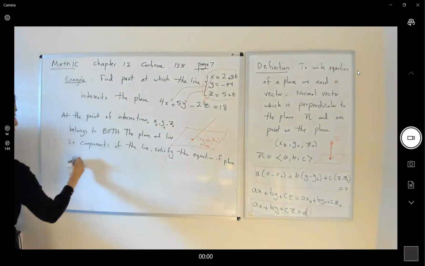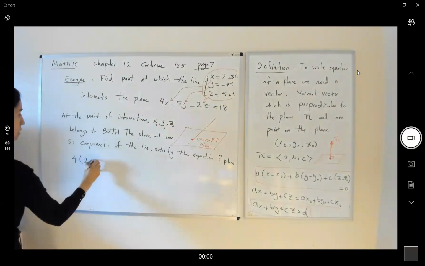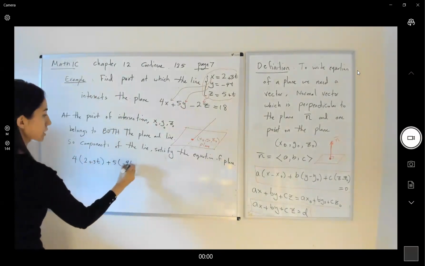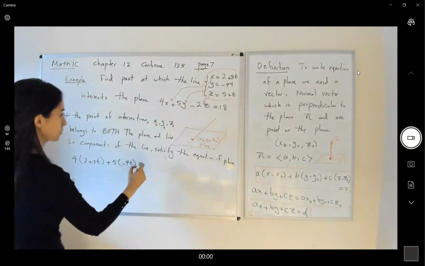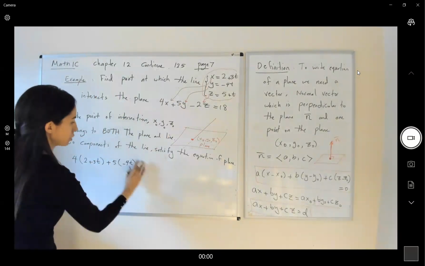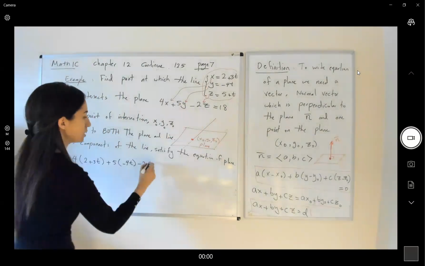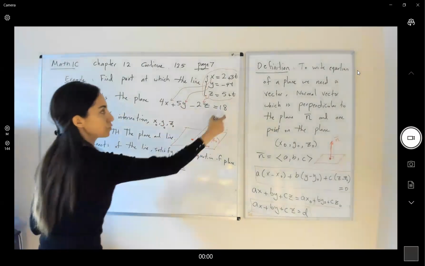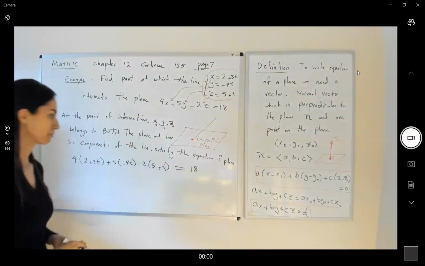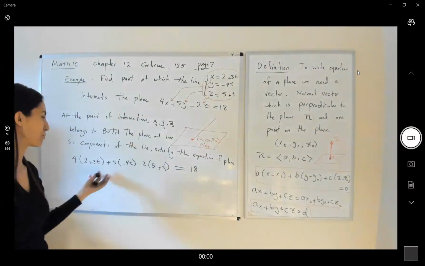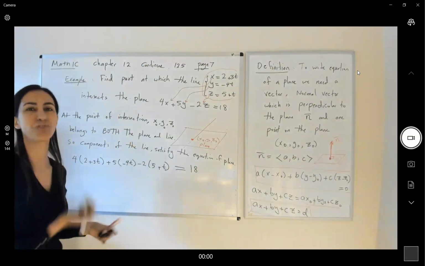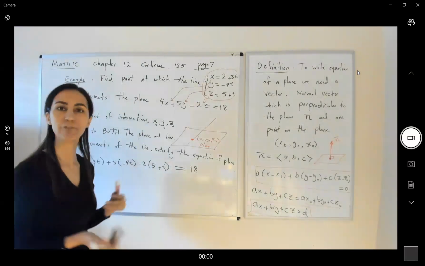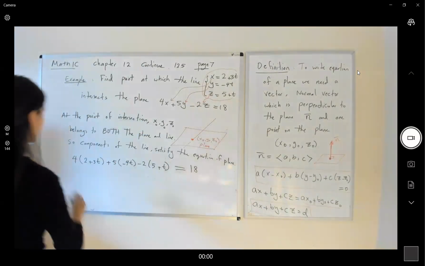So 4 times (2 + 3t) plus 5 times (-4t) minus 2 times (5 + t) must be equal to 18. This is easy to work with because you have just an equation in one variable. You can easily find your t, then plug it back in and find your x, y, and z.